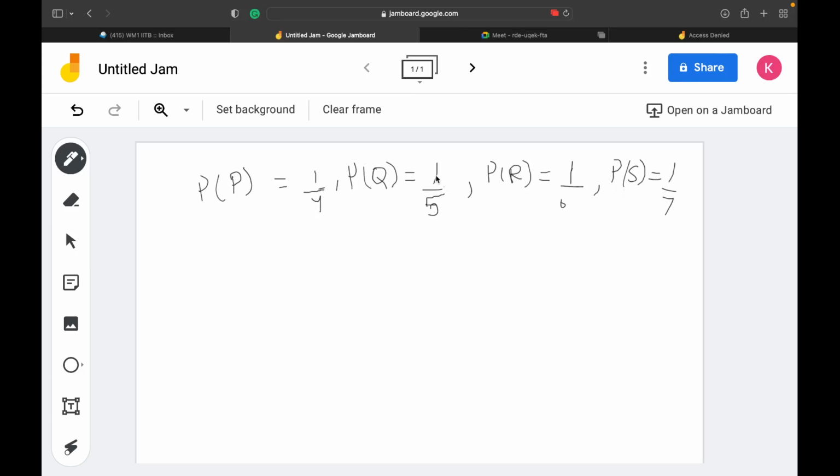So the probability that Q will lose is 4/5, R will lose is 5/6, and the same for S.